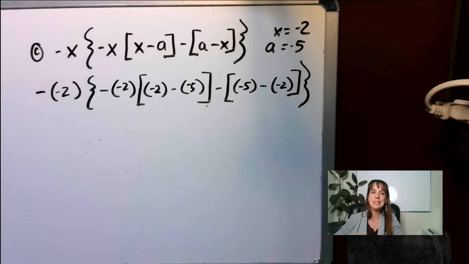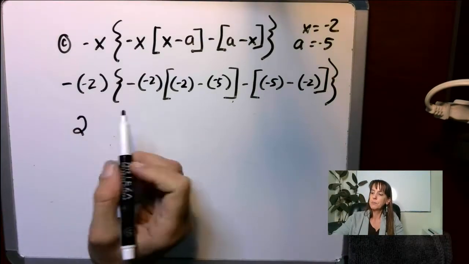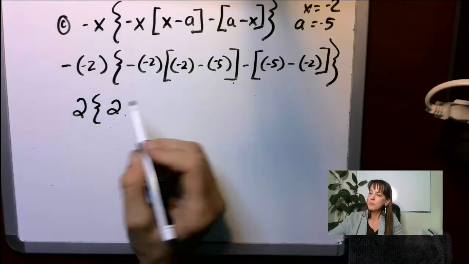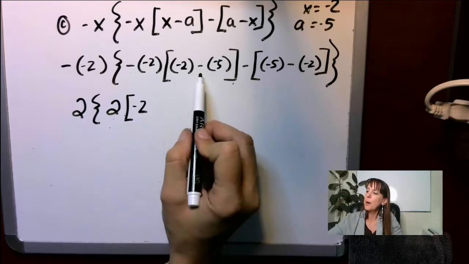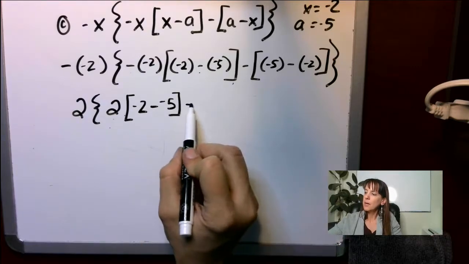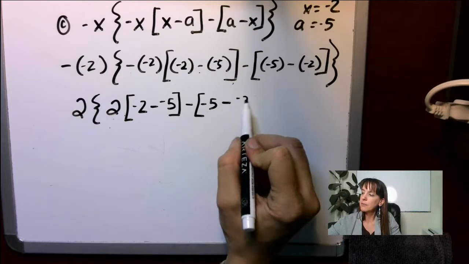Let's clean this up. We have -2, that's 2. We have -2, that's 2. Yeah, can't think today. -2 minus -5. Okay, minus -5 minus -2.